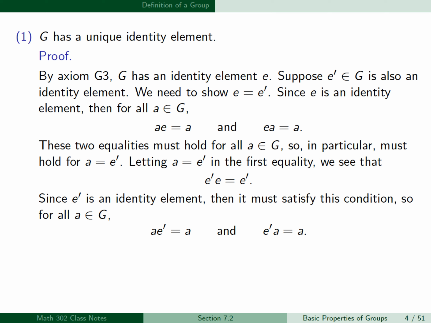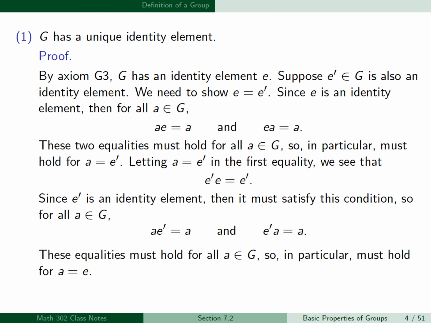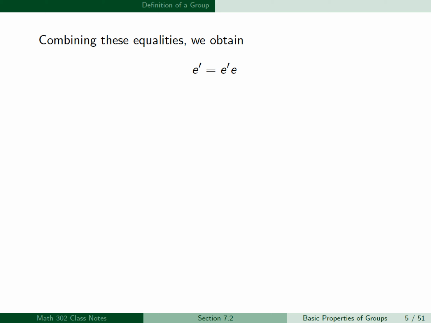That is, for all A in G, A E prime is A, and E prime A is A. And these equalities must hold for all A in G, so in particular must hold for A equal to E. And letting A equal E in the second equality, we see that E prime E is equal to E. So we now have two equations: E prime E is equal to E prime, and E prime E is equal to E. So combining these equalities, we obtain E prime is equal to E. And that's what we needed to show, and thus G has a unique identity element.